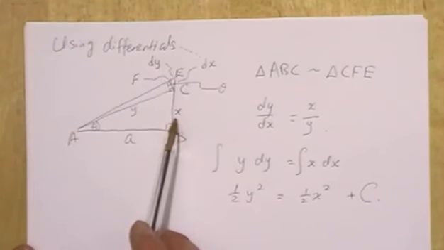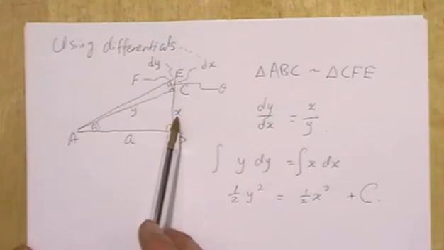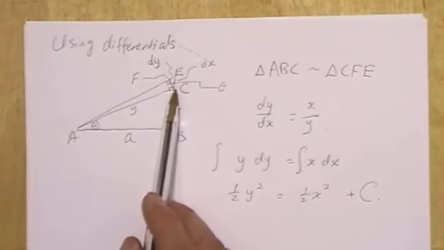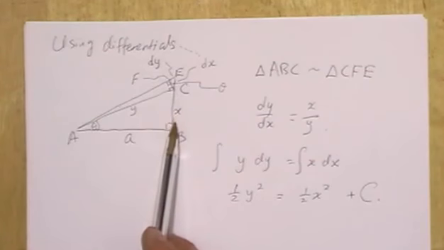But for the special case, when x is 0, let's imagine that we reduce this side so that this side gets shorter and shorter until x becomes 0.